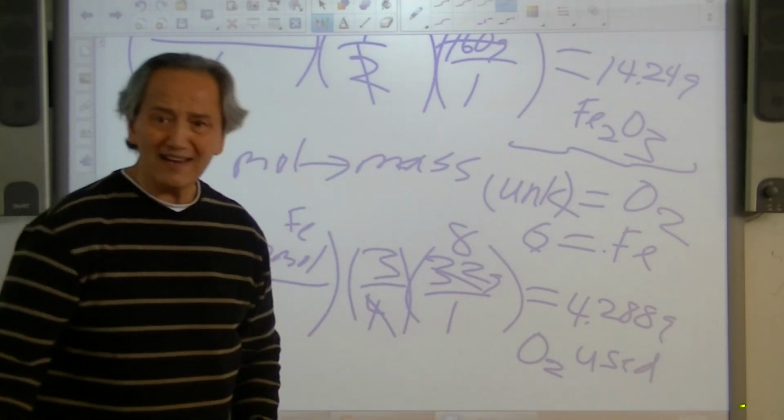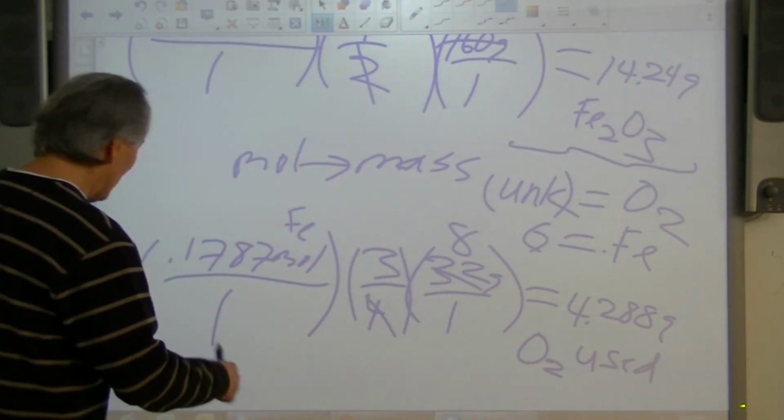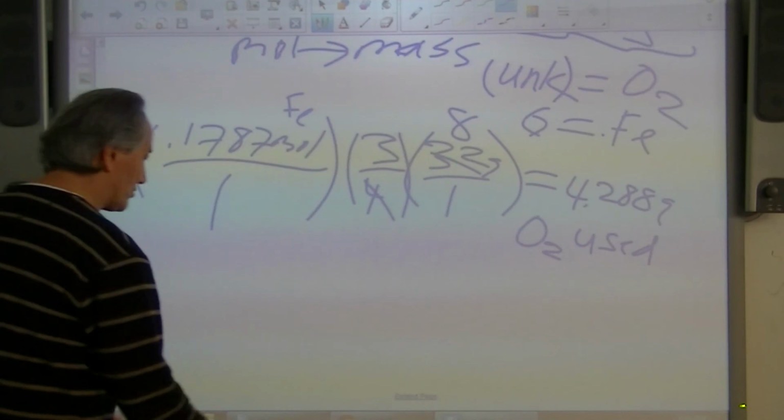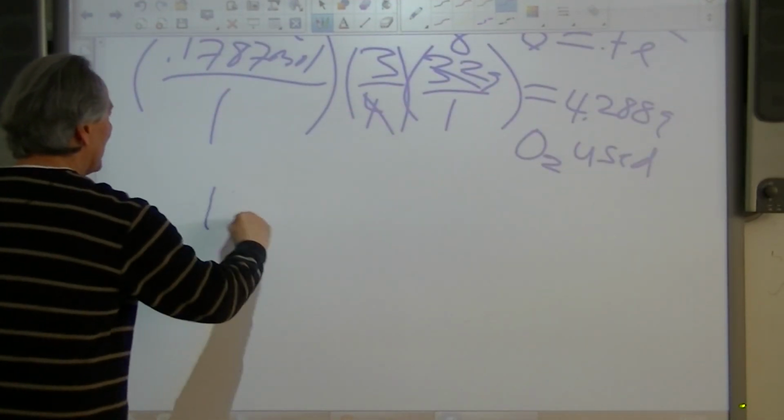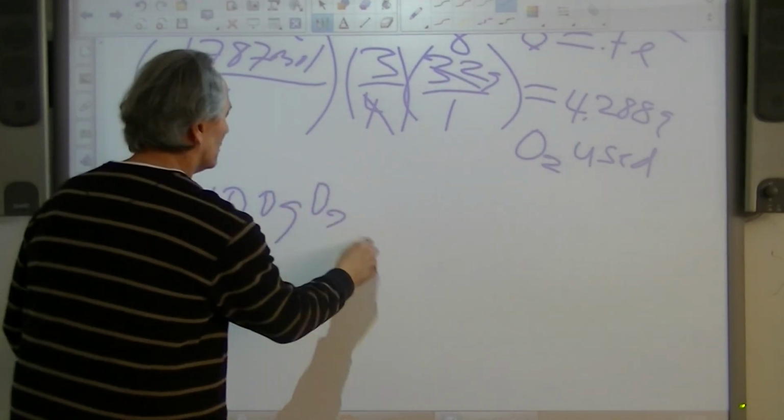Well, if I used that, what did I start with originally? We're almost there to our final answer. As you recall, we started with 10.0 grams of O2.